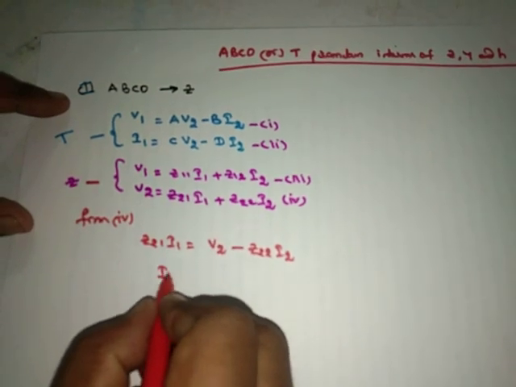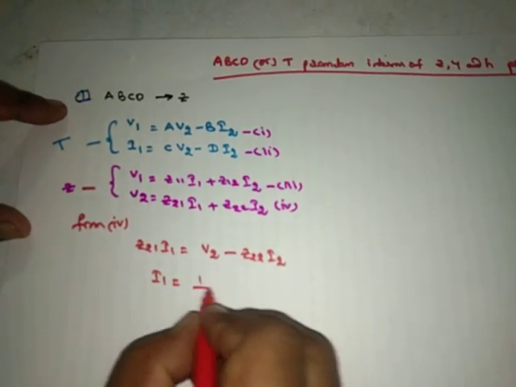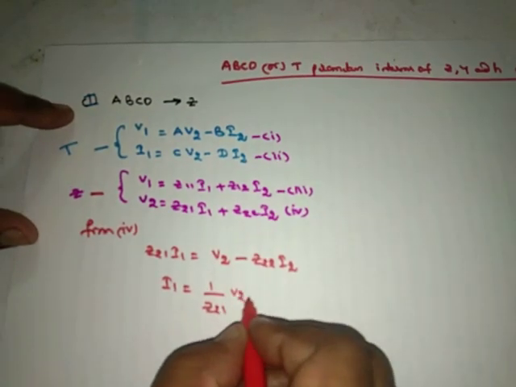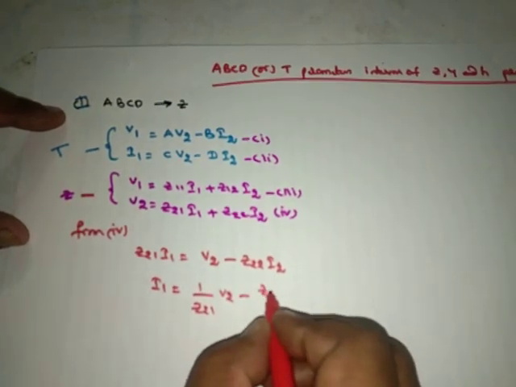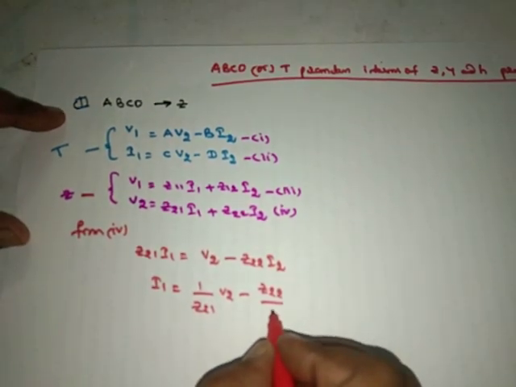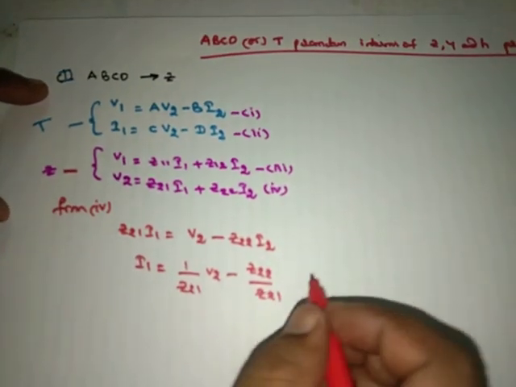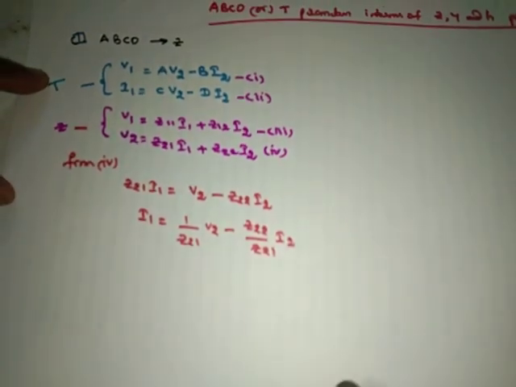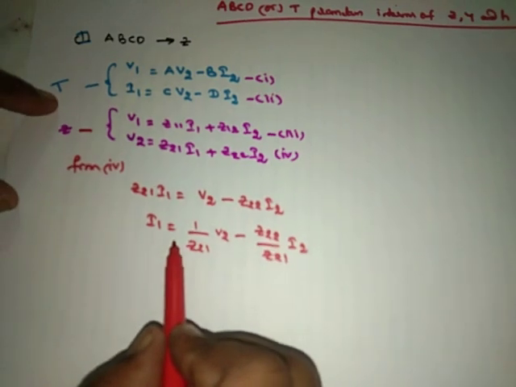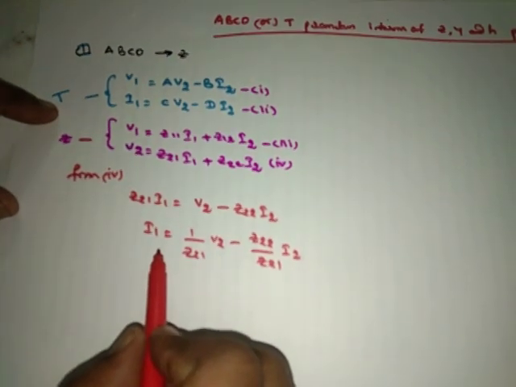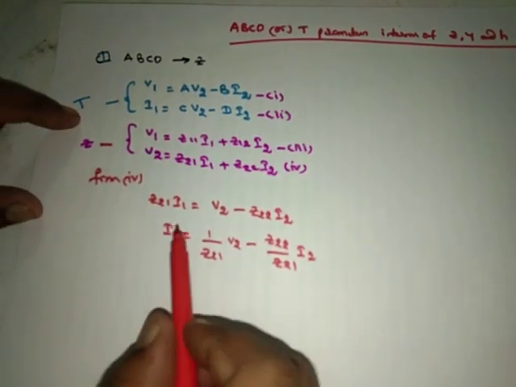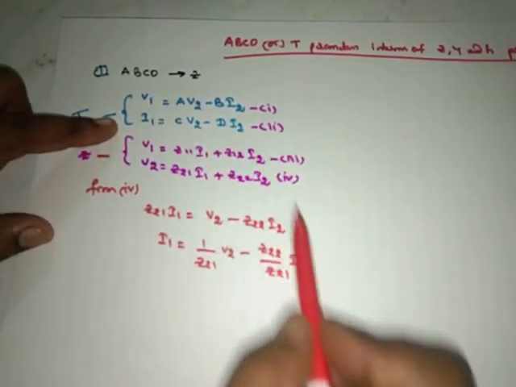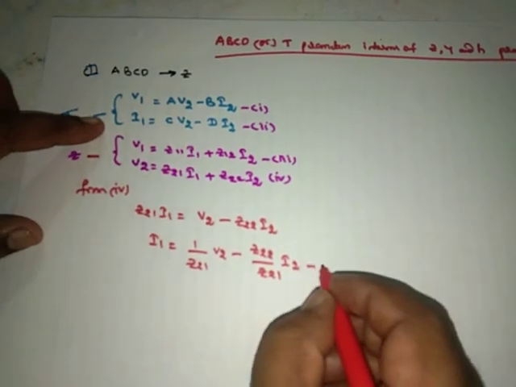From that, I1 is equal to 1 by Z21 V2 minus Z22 by Z21 I2. One variable I1 depends upon V2 and also depends upon I2. So this is equation 5.